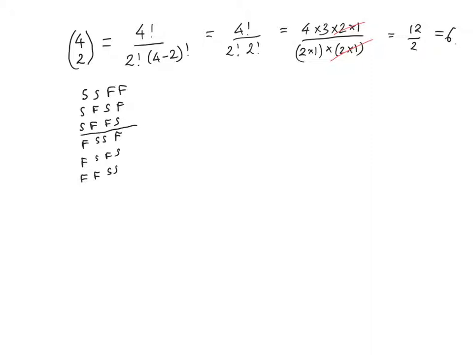So now we're armed with that, we can go back and start again talking about probabilities. So now let's ask ourselves the question we were asking before. What's the probability that we have exactly 2 successes, S, out of 3?